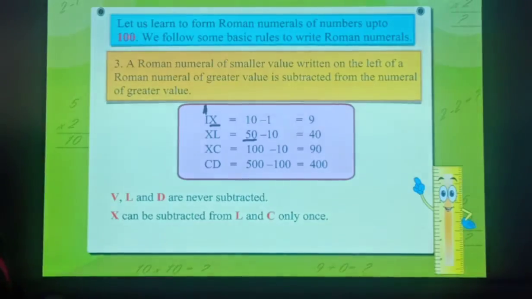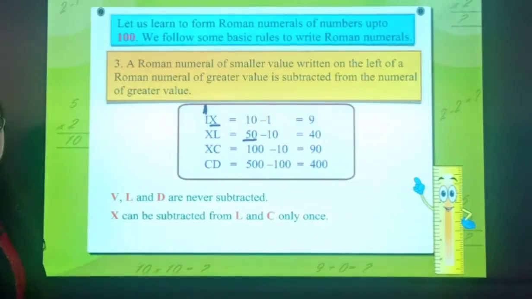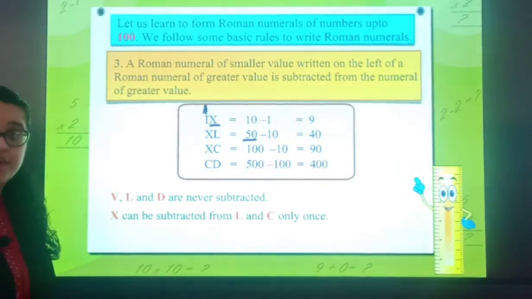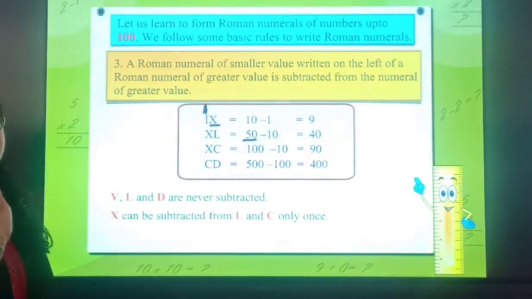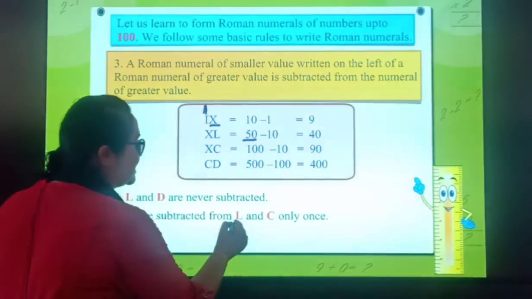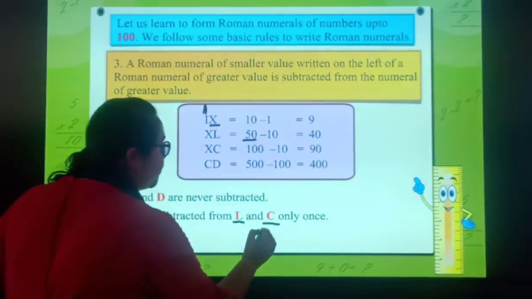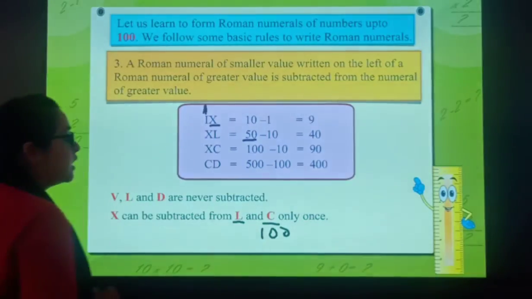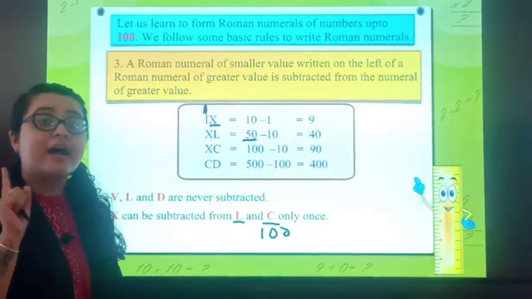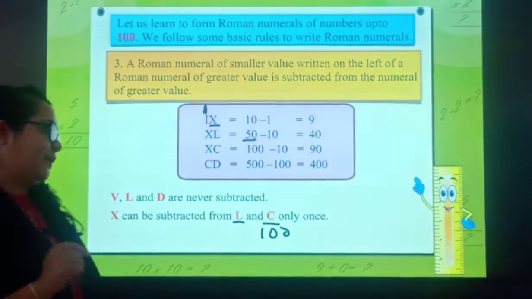V, L and D are never subtracted. L stands for 50 and D stands for 500. ये कभी भी subtracted नहीं होते हैं. X can be subtracted from L and C. L stands for 50, C stands for 100. ये सिर्फ एक ही बार माइनस हो सकते हैं X में से. Understood? Okay.